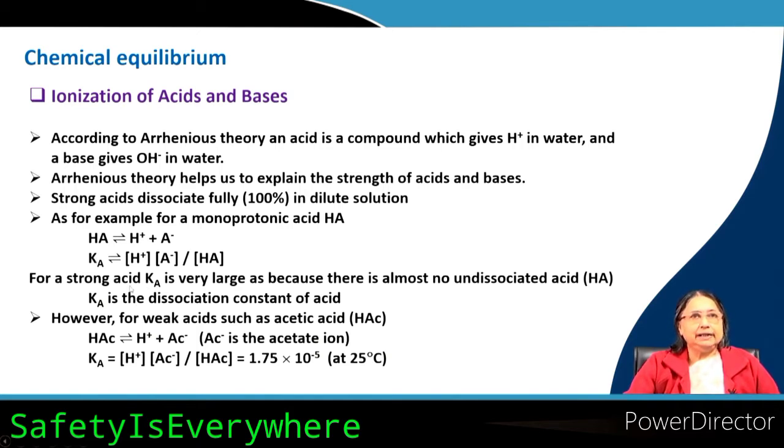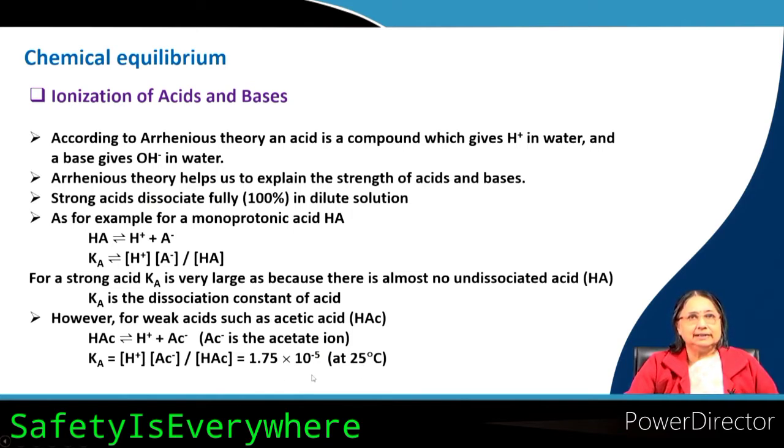And in case of weak acids, say for example acetic acid, we all know that acetic acid is a very weak acid. In that case, we write HAc decomposes into H plus ion plus acetate ion, and then we can write Ka is H plus ion concentration into Ac minus ion concentration by HAc, and we can see from the value that it is very low.